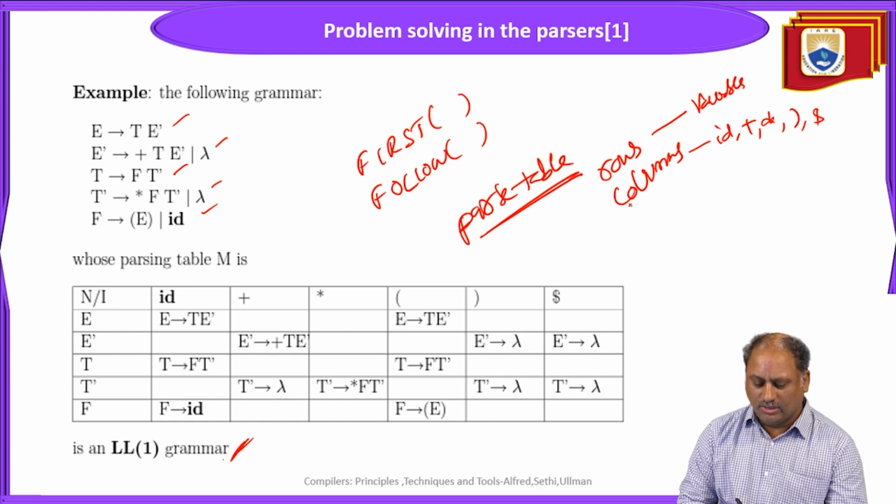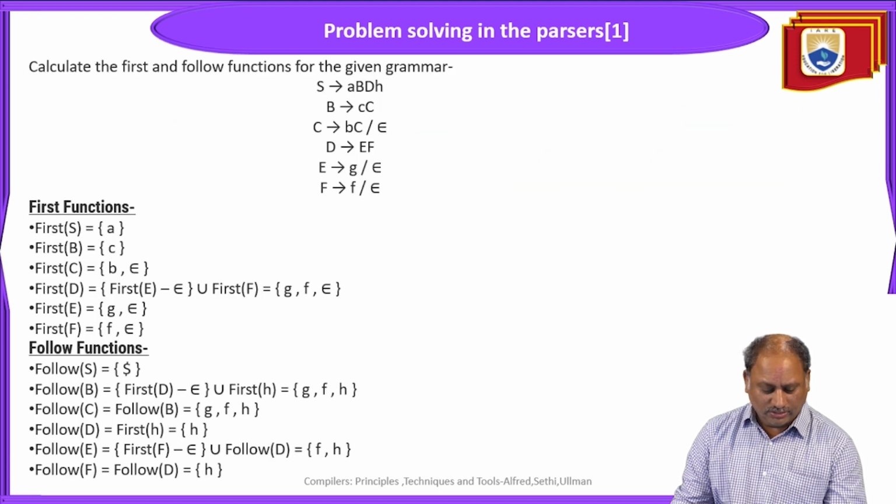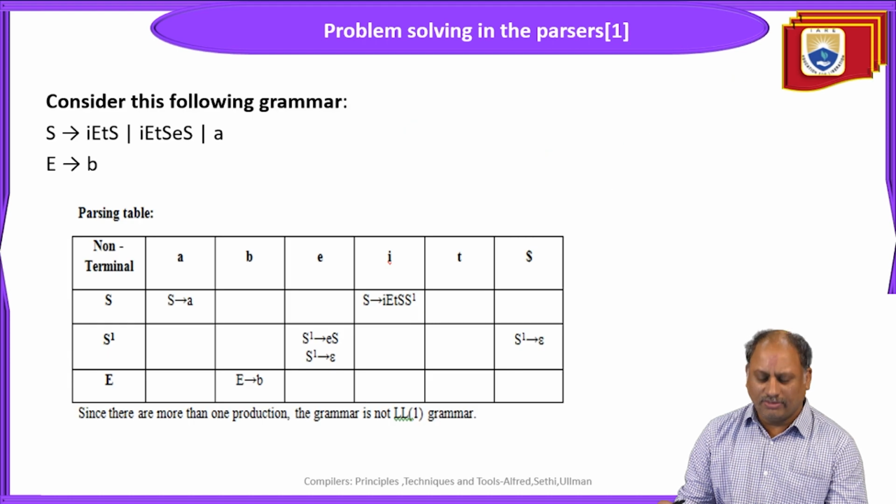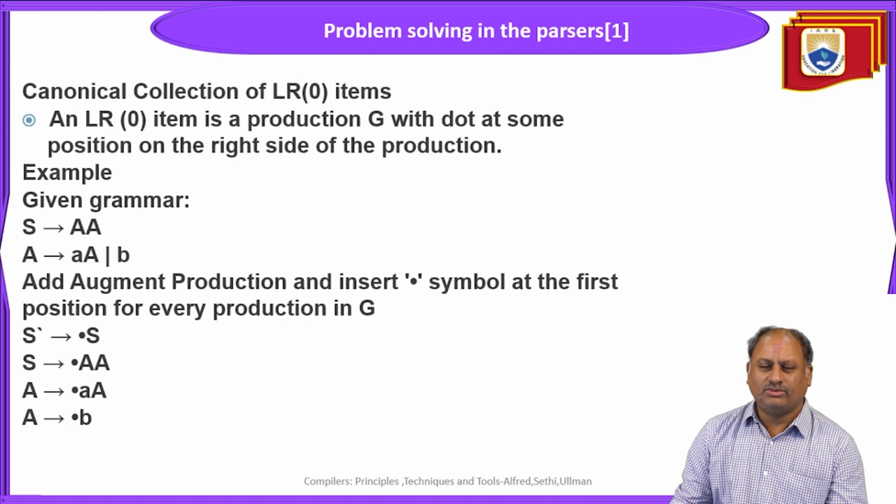After computation, the entities are defined in each particular cell, and we identify whether the cell contains multiply defined entities. In this example we discussed that if there are multiply defined entities, then we can say that it is not an LL grammar. So it is very important to know that.